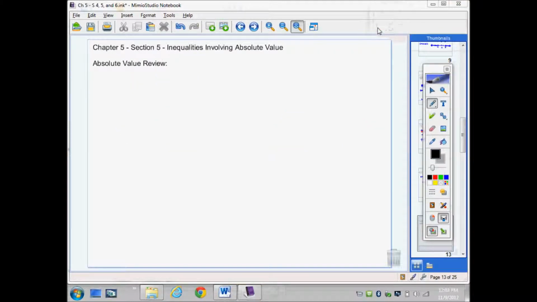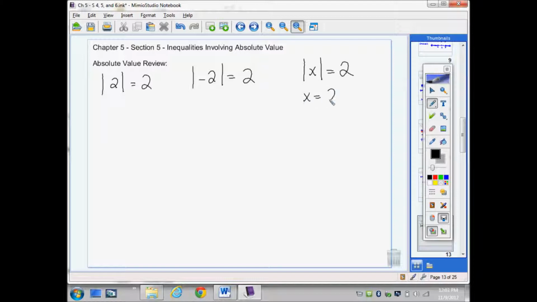All right, absolute value review. If you recall, the absolute value of a positive number is a positive number. The absolute value of a negative number is also a positive number. And if I say the absolute value of a variable equals that same positive number, that means x equals either one of these, right?